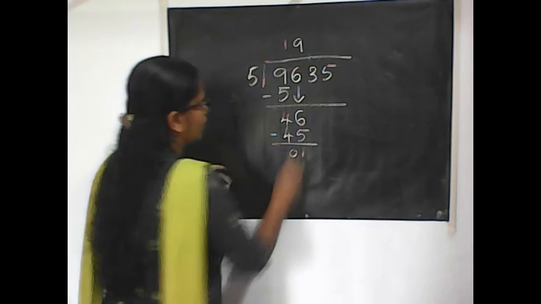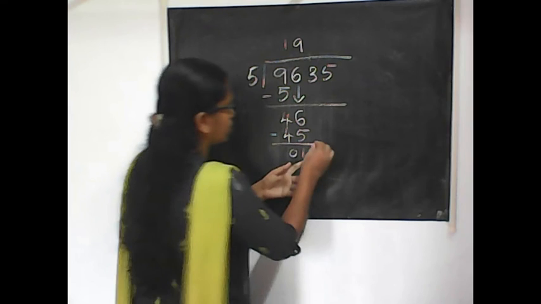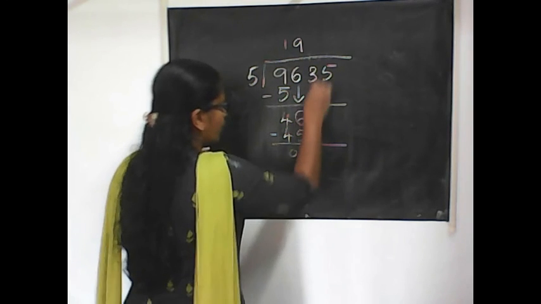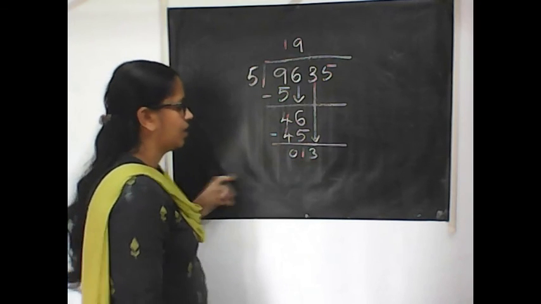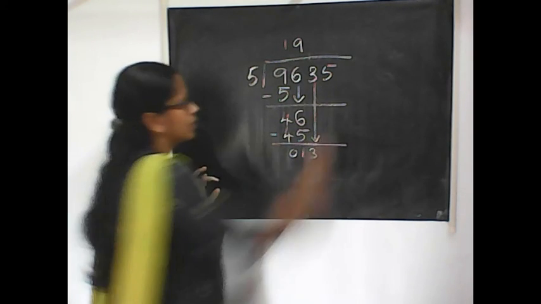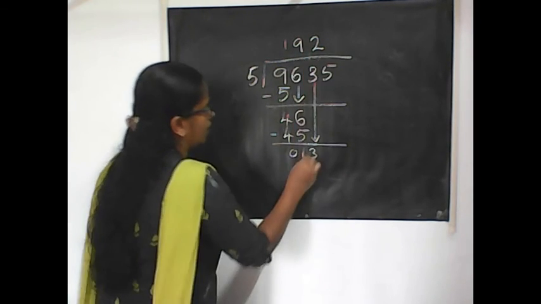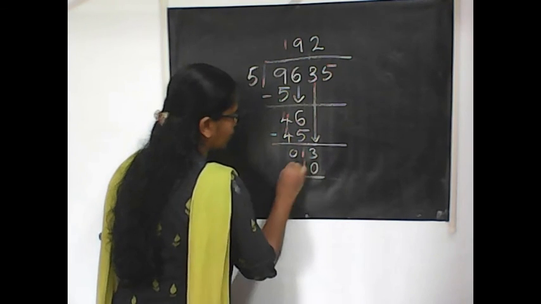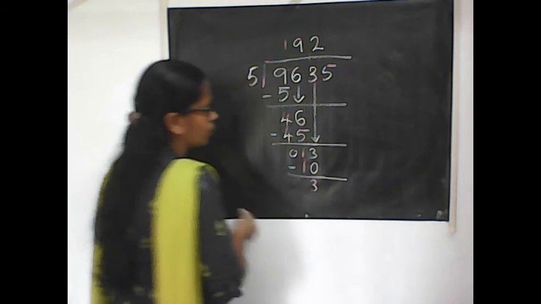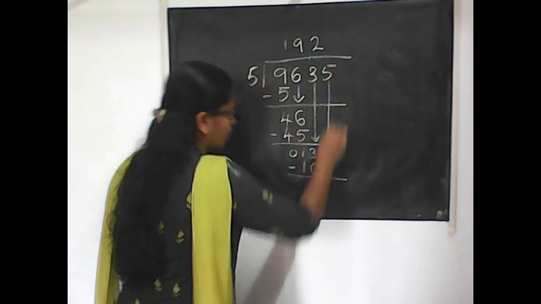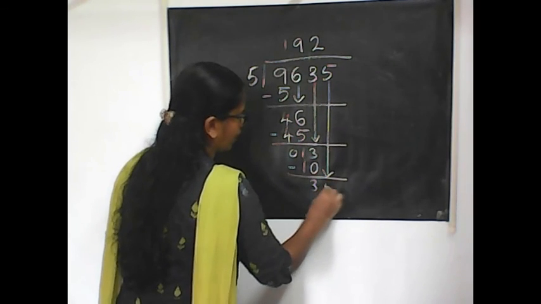Here it is 0. Now I have only 1. We cannot divide, so bring down the next digit, 3. Now it became 13. Say the table of 5 again. 2 times, 5 2s are 10. Again subtract, 3. Now I have only 3. It's not possible to divide. Bring down the next digit, that is 5.